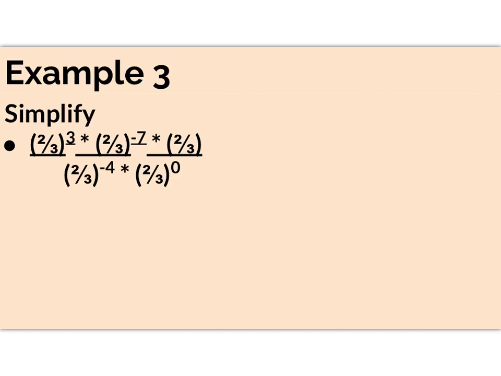Okay, looking at example 3. The base is all 2/3, so I'm going to only talk about the exponents. You get 3 plus -7 plus 1 over -4 plus 0, because they're all multiplied. So we're dealing with the multiplication property. 4 minus 7 is -3 over -4. -3 minus a -4 gives us +1.